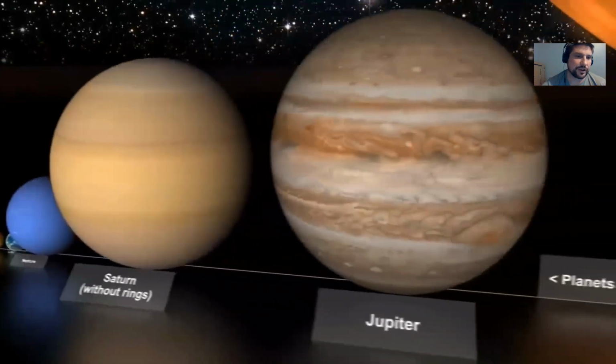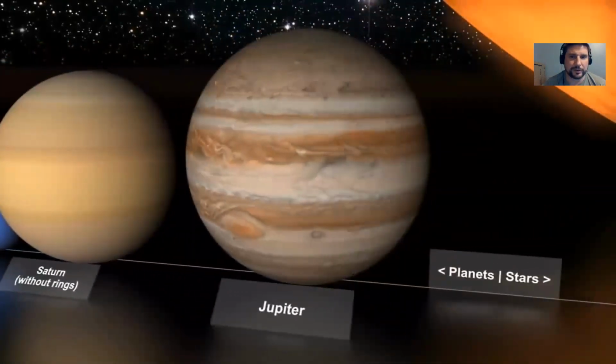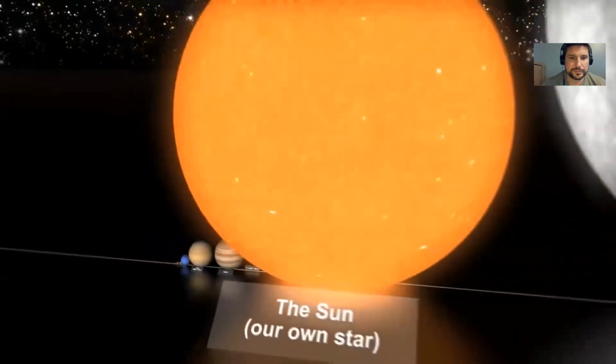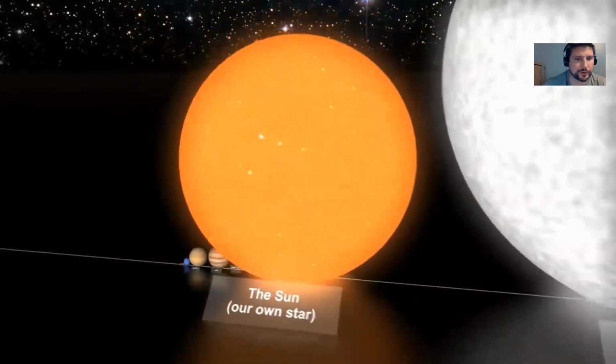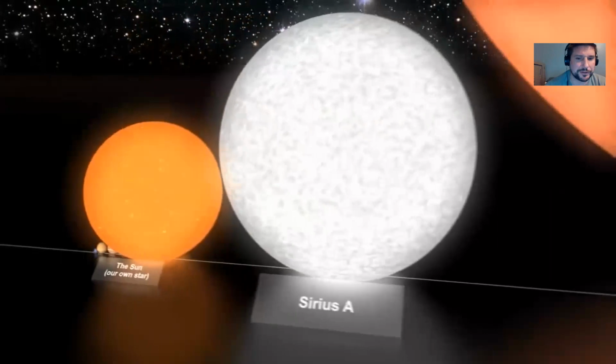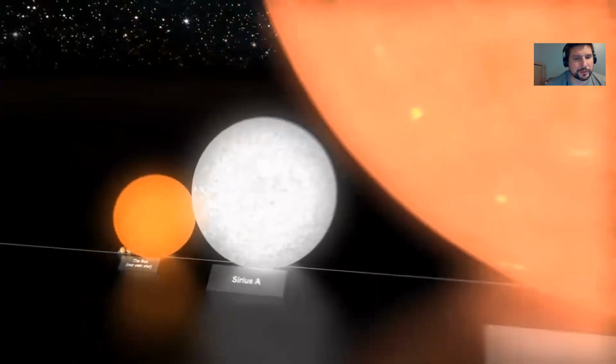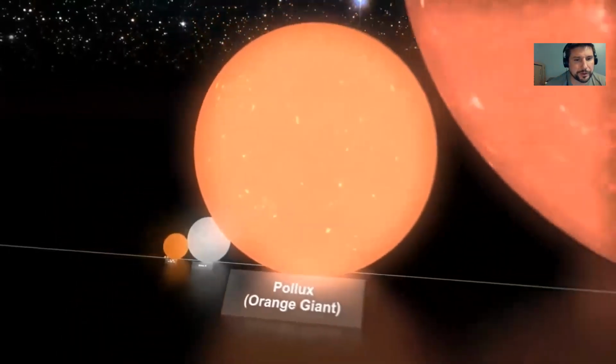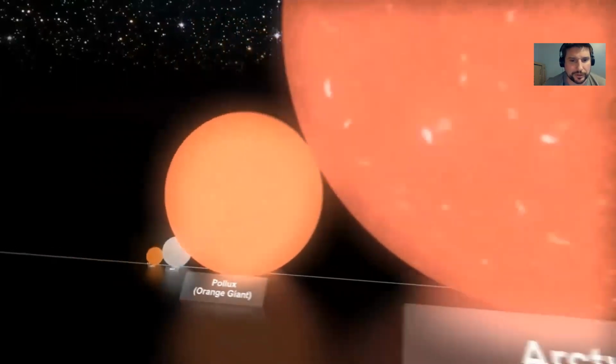So the gas giants clearly are much bigger than the Earth. And then the sun is larger than all the other objects in the solar system combined. And that's a relatively small star compared to some of the other big ones that are out there.